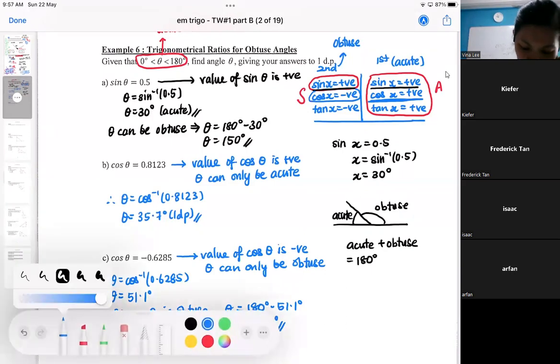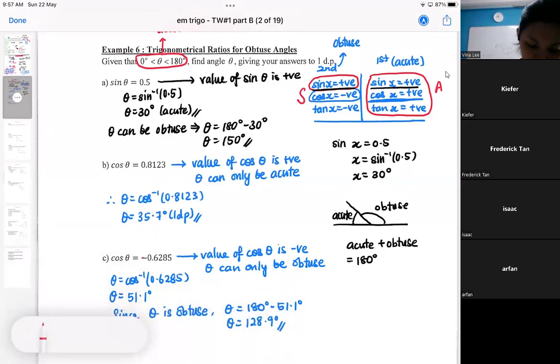So I don't know whether you all realize I ignore the negative in the pressing of the angle. So I ignore the negative. This is what we will call the reference angle in A Math.